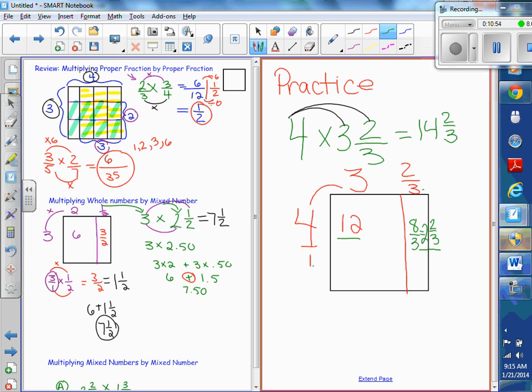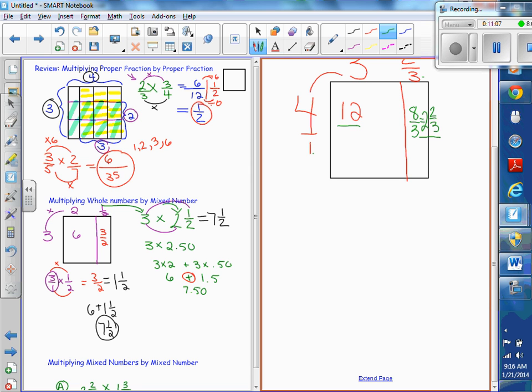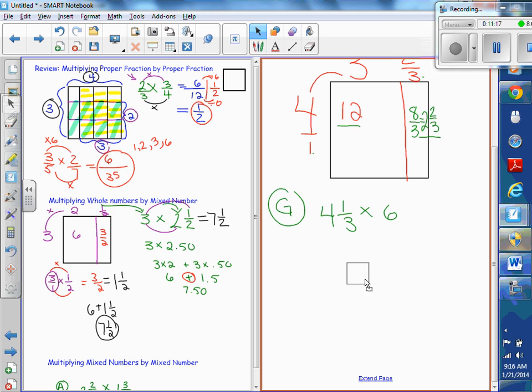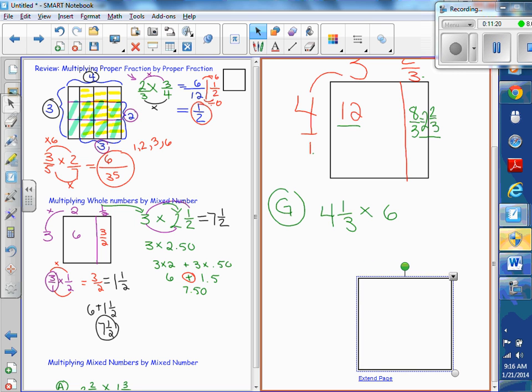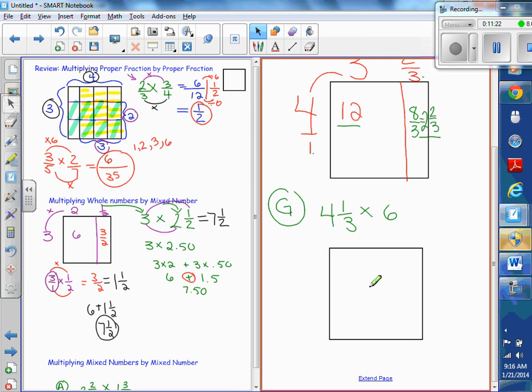Okay? So, flip the paper over and try letter G. Do you see letter G? 4 1/3 times 6. So with your area model, one side's going to be 6, and one side's going to be 4 1/3. So 6. What would I put right here?